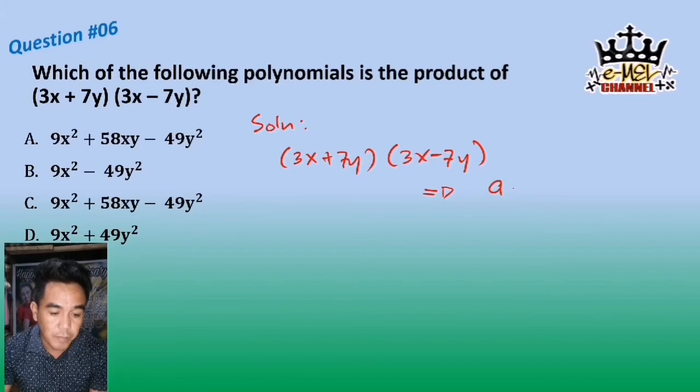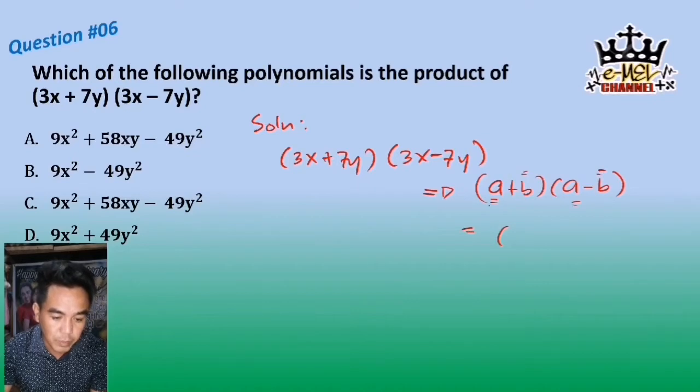So in this sense, let us go back with the idea. When a plus b is multiplied to a minus b, as you can see they are the same, the answer is simply multiply the first term, that becomes a squared, and multiply the second term, which is b squared. And then since positive times negative is negative, that is now the final answer.